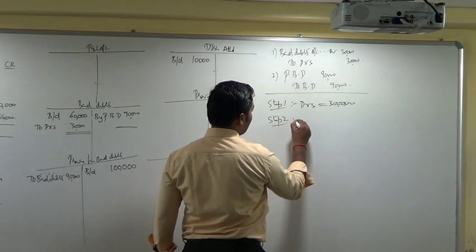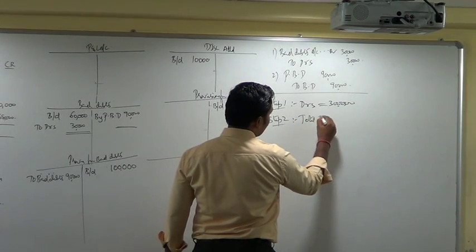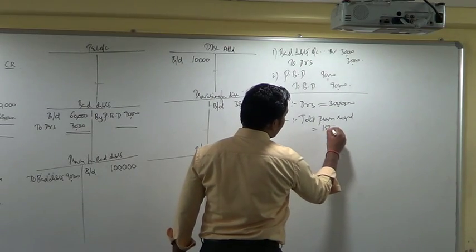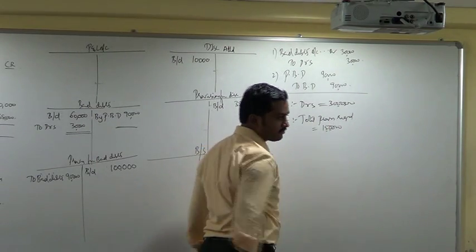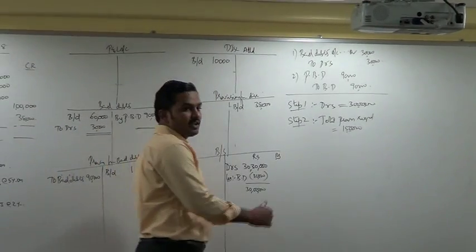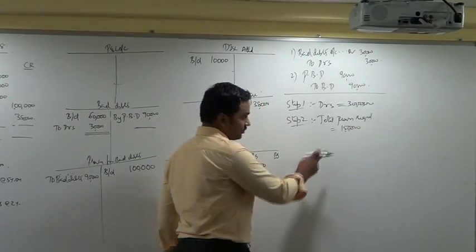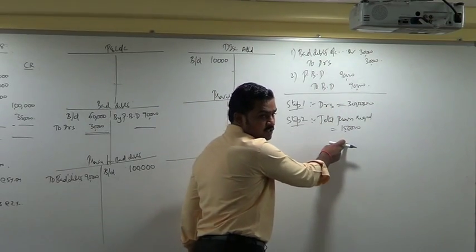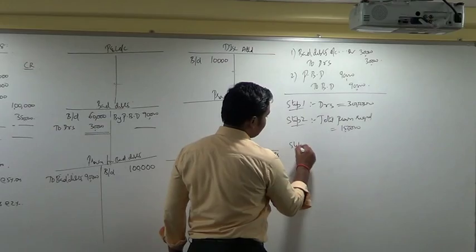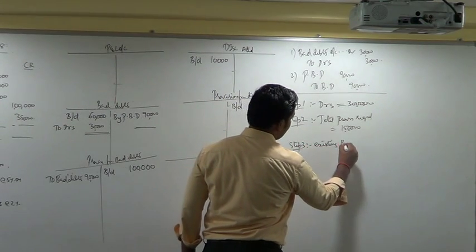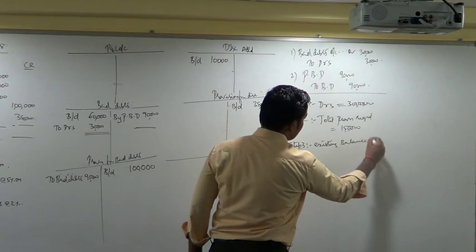Step 2: Total provision required. How much is it? 5% of above. 5% of 30 lakhs is 1,50,000. You understood how I got this 1,50,000? Step 3: Existing balance in provision.